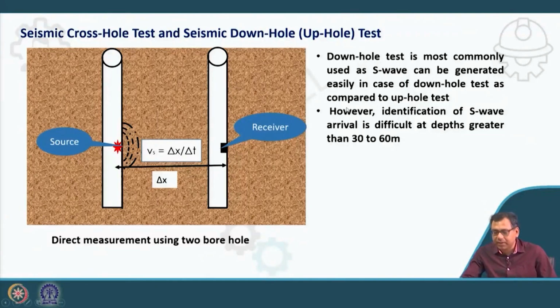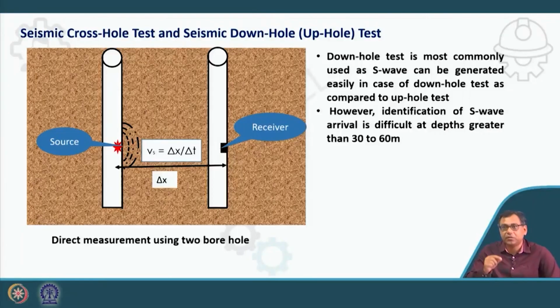But the downhole test is most commonly used, as the S wave can be generated easily in the downhole test compared to the uphole test, because generating the S wave is not easy at depth.